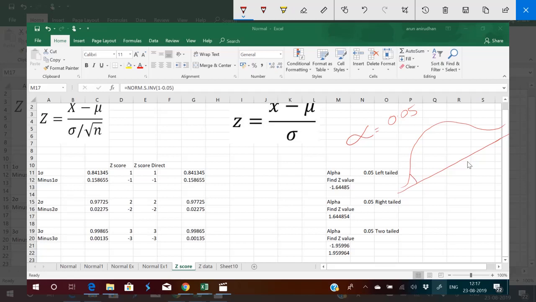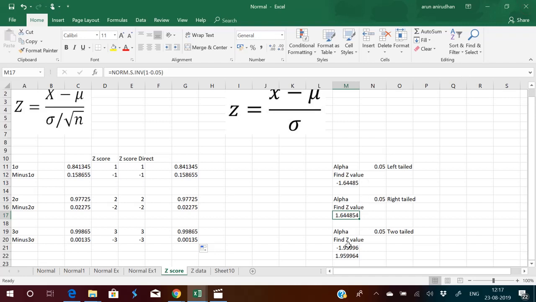Half will come here, 0.05 divided by 2, and half will go here, 0.05 divided by 2. So you have to find the z value at these 2 points. Why are we dividing by 2? Because it is two-tailed.